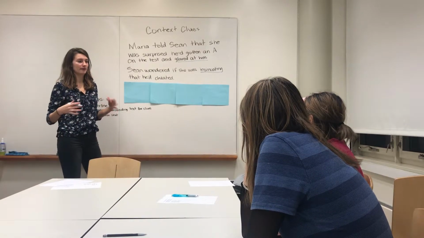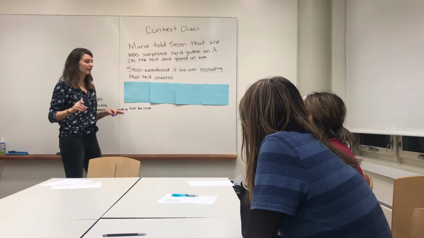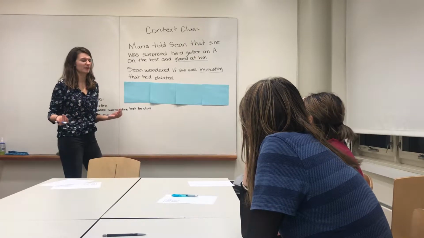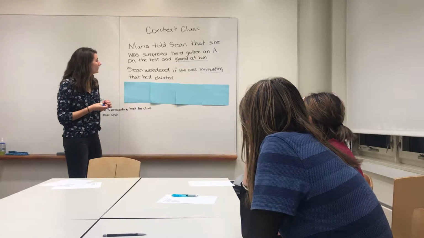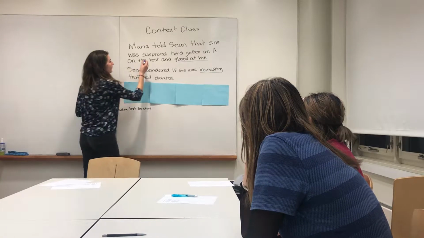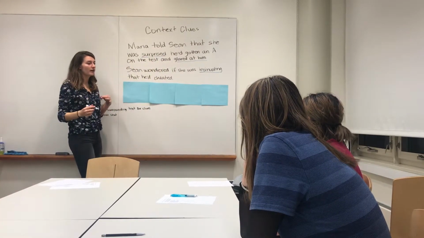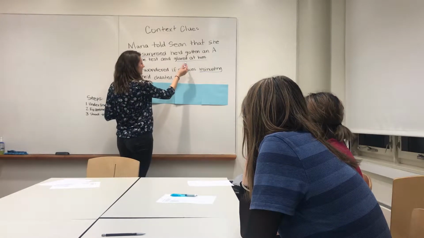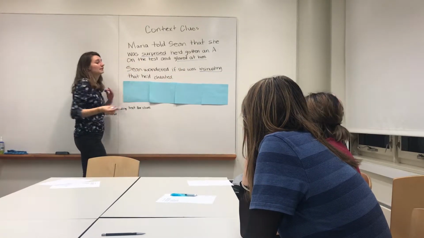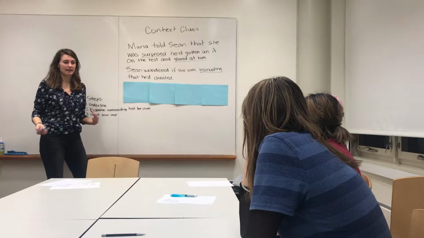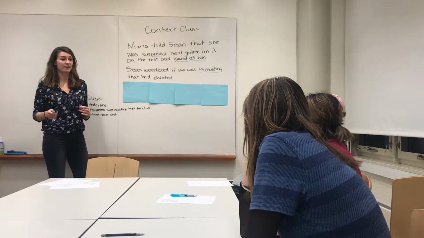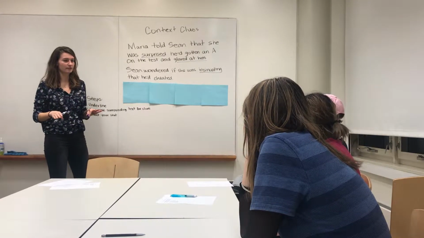It helps you flesh out what it's supposed to feel like, which is kind of weird to say about a word. And then we also have that she was surprised, which doesn't give us a lot of context on its own, but when we pair it with glared at him, it's a negative feeling that we're getting from Maria, right? Does that make sense? Any questions?